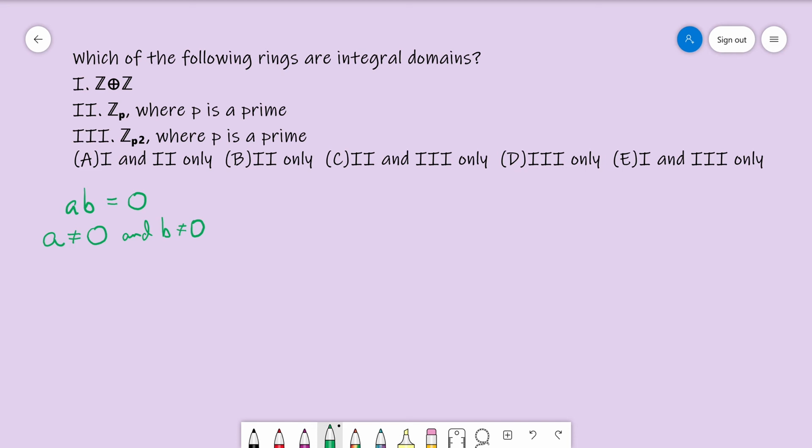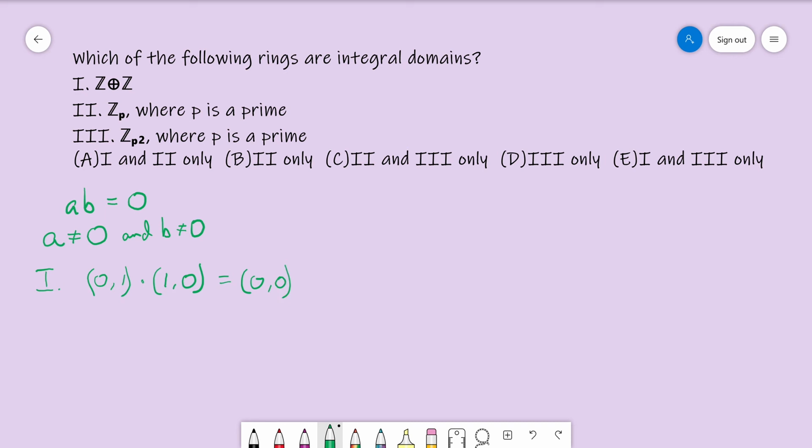So let's see, Z plus Z, the direct sum of the integers with the integers, is that an integral domain? Well, let's think about it. If we have the element (0, 1), and we multiply it by the element (1, 0), clearly neither of these is 0, but their product is (0, 0), which is the 0 in this ring.